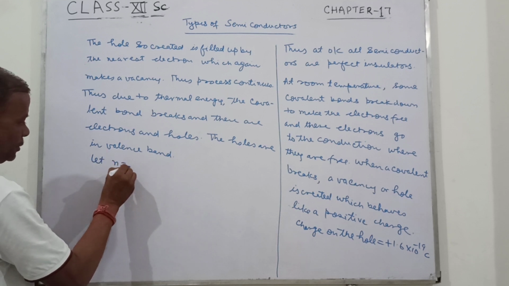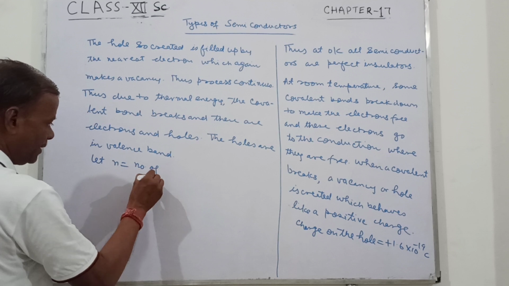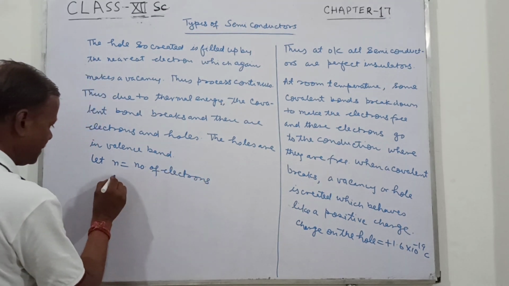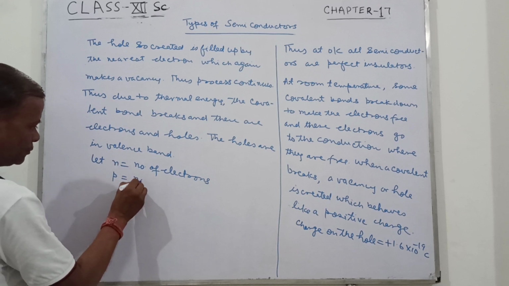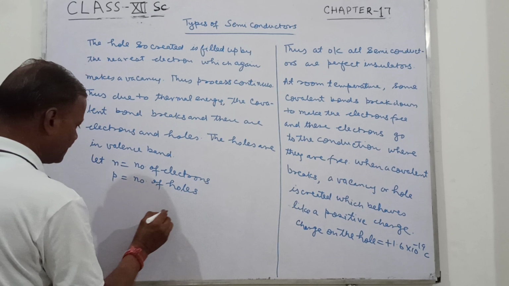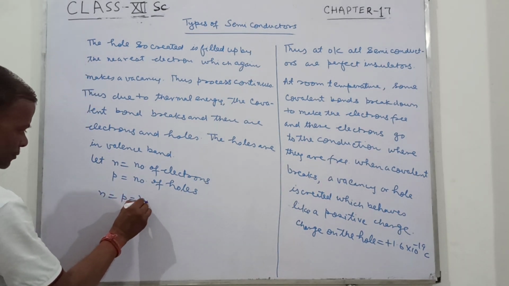Let n equal the number of electrons and p equal the number of holes, and n equals p equals ni.